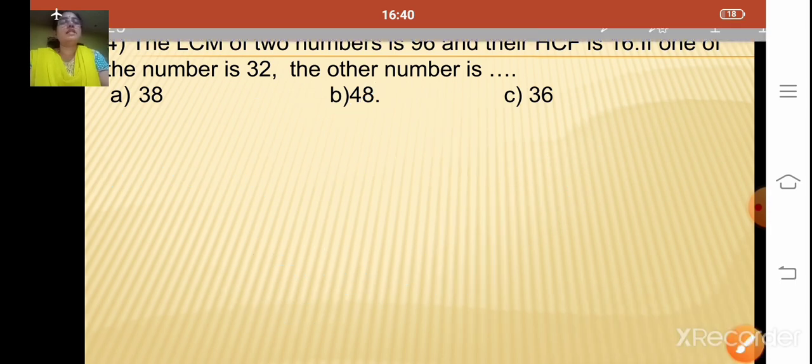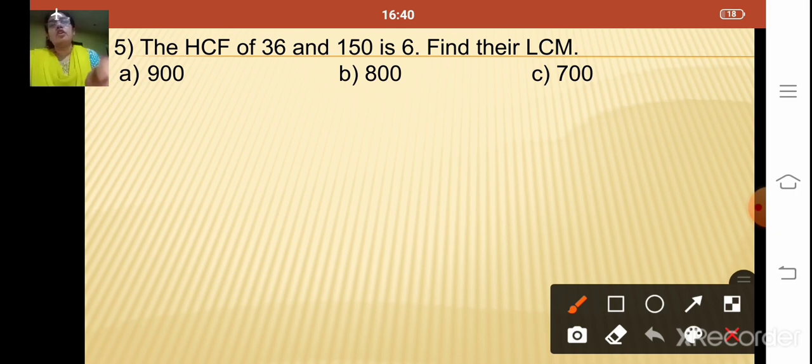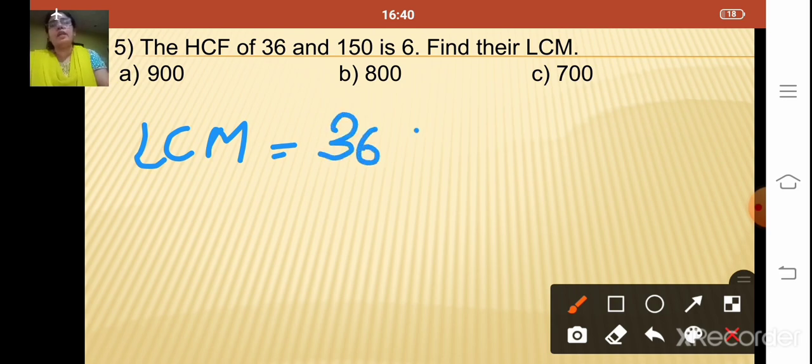Now coming to the last sum. HCF of 36 and 150 is 6. You have to find the LCM. Now to find the LCM, your formula is LCM is equal to product of two numbers divided by the HCF. So you will multiply 36 and 150, that is 36 into 150, divided by 6.